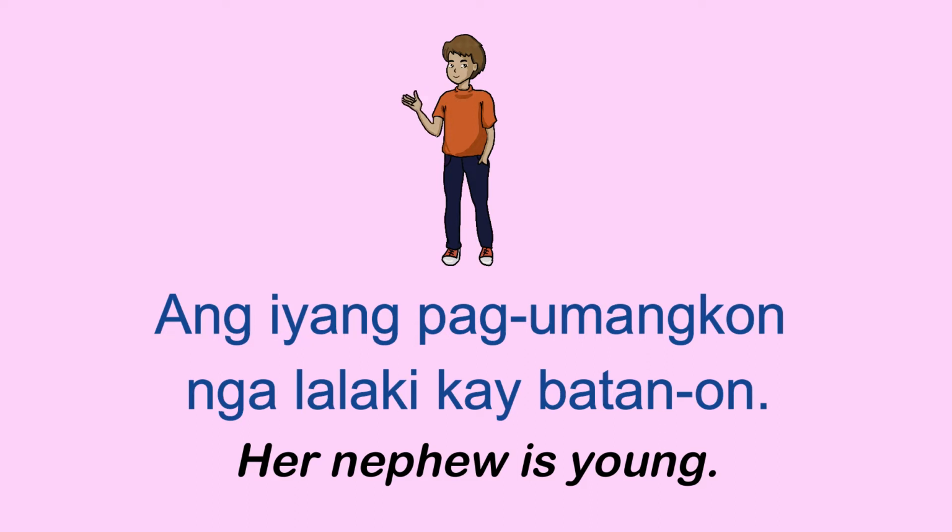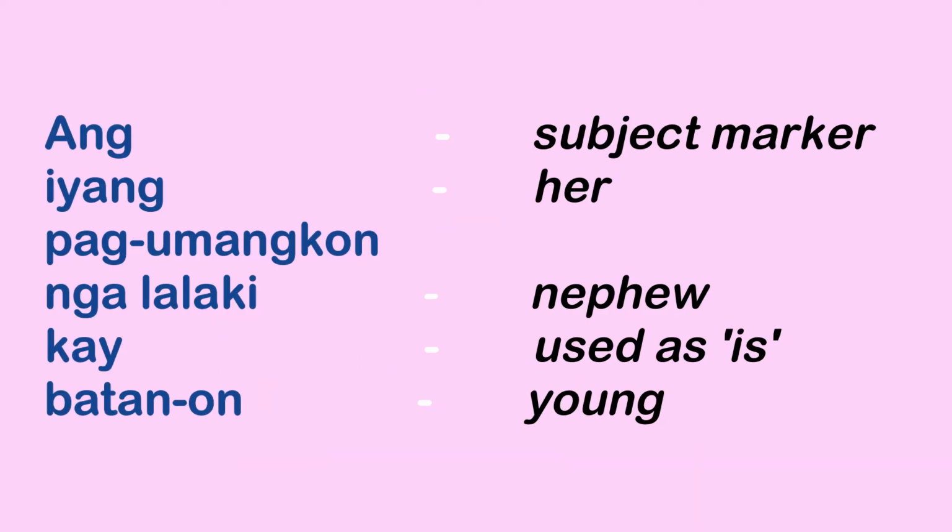Her nephew is young. Ang iyang pag-umangkon nga lalaki kay batan-on. So let's take a look at how this phrase is broken down. Ang is our subject marker. Iyang is her. Pag-umangkon nga lalaki means nephew.